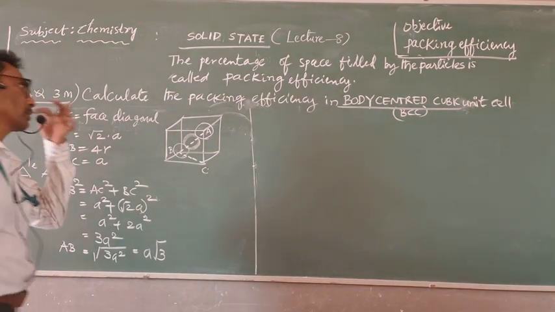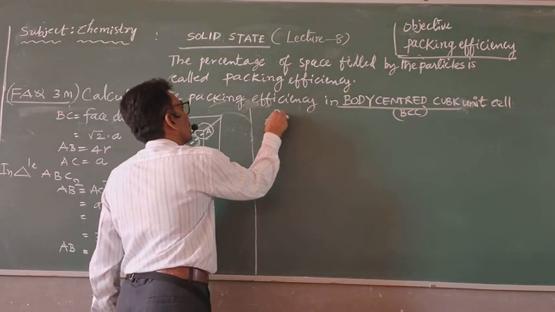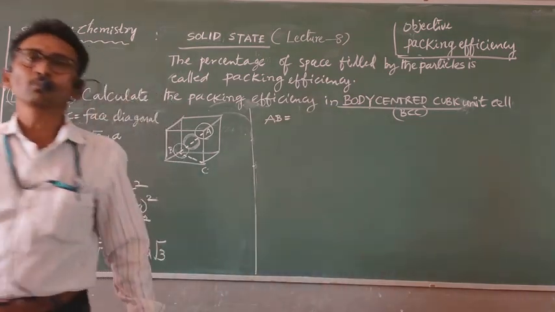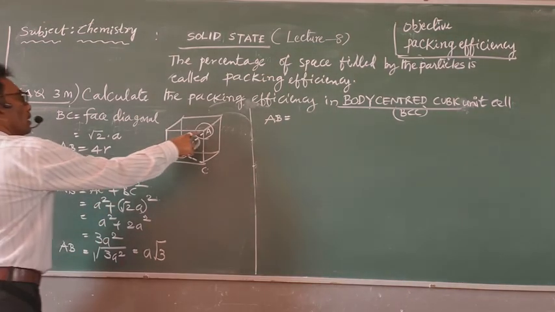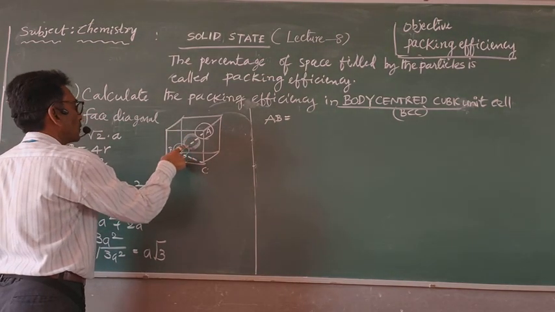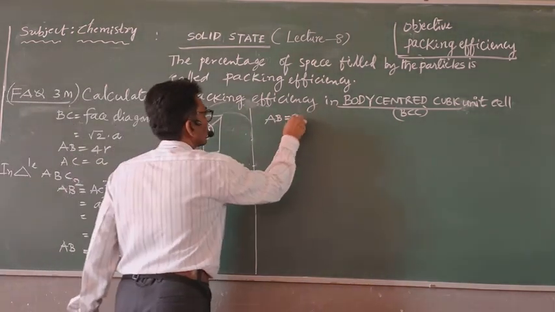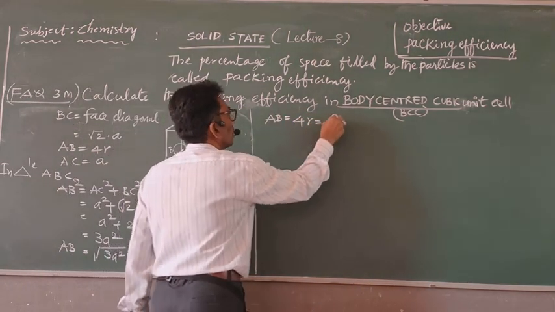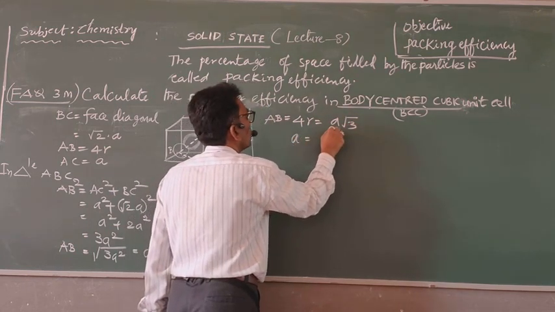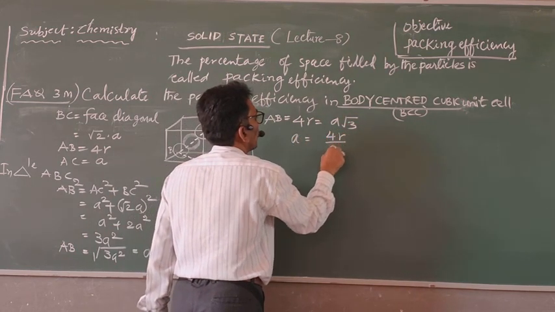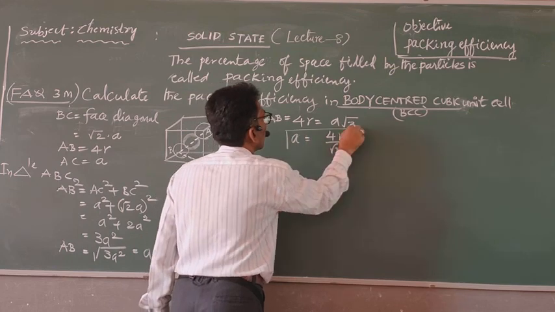But AB is equal to r plus, that is radius of the sphere, r, 2r the diameter of the sphere, r, 4r, that is equal to a root 3. But we want a, which is equal to 4r divided by root 3, an important relation.